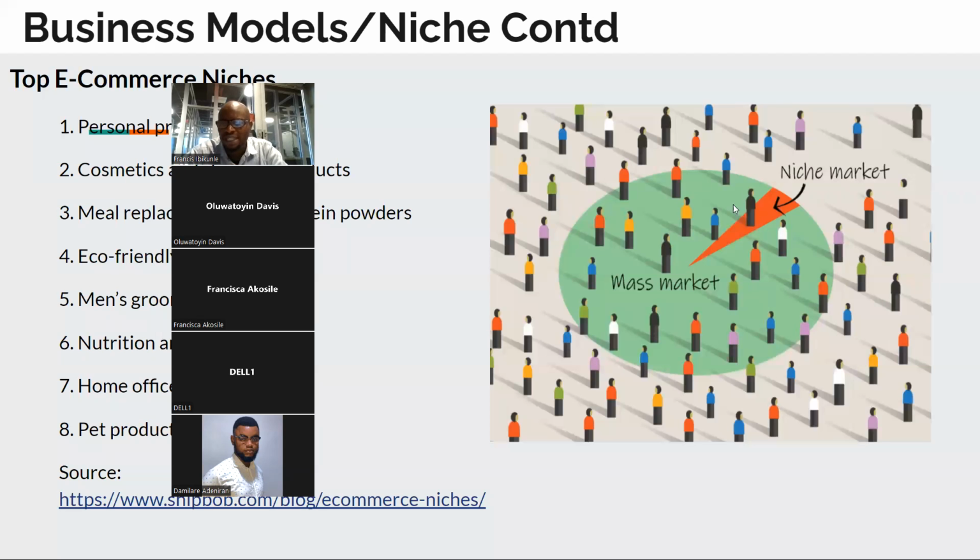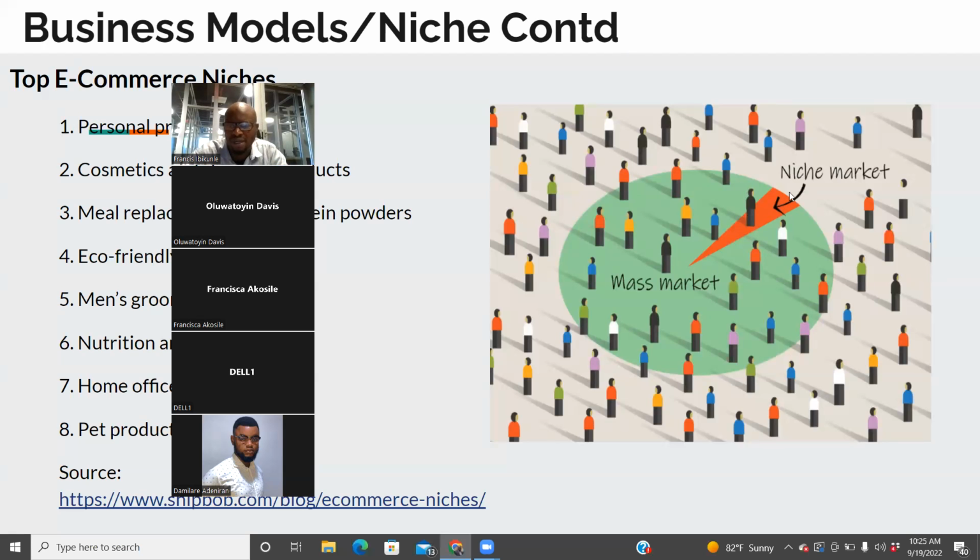You see all these human beings that you see here, this circle, and then this sector, this is the only person that you target. This is just one person. That is the way you do your target market. So anybody cannot be your customer. That's your niche market. That's your target market. So that is the way it works.